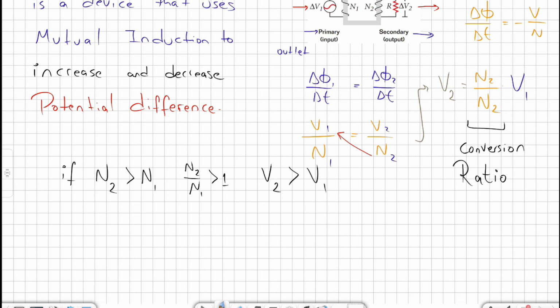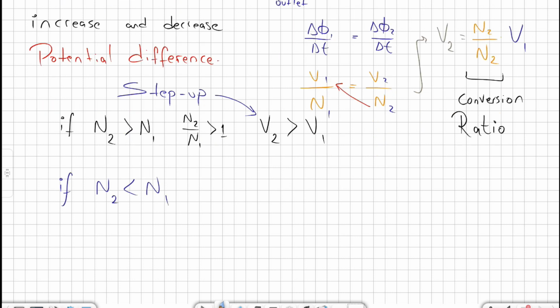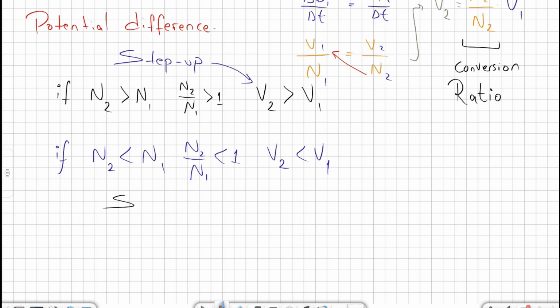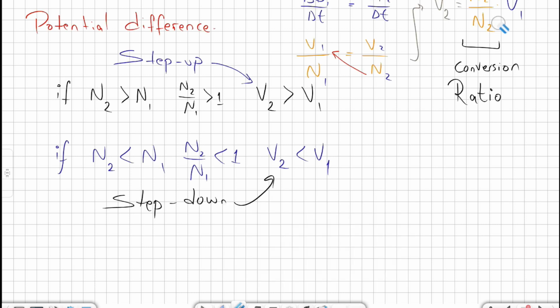Whenever V2 is bigger than V1, this is called a step-up transformer because we are increasing potential difference. And if N2 is smaller than N1, then N2 over N1 will be smaller than 1. As a result, V2 will also be smaller than V1. Since V2 is smaller than V1, this is called a step-down transformer.